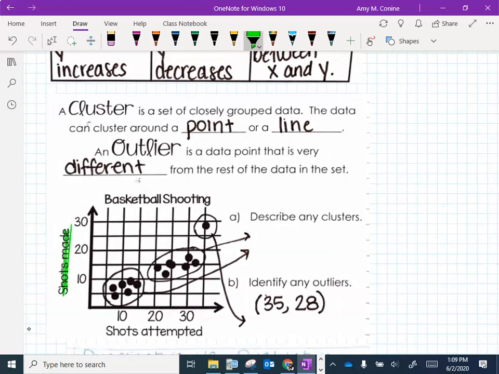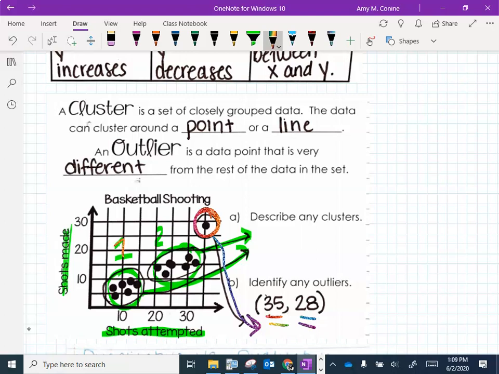Our y-axis is shots made, shots attempted is our x. We've got these two clusters right here, cluster 1 and cluster 2. And then this little guy up here would be considered our outlier. There's a mathematical way to determine that. We can talk about that at a later date. But this would be considered an outlier for this data because it's not within group 1 or group 2.